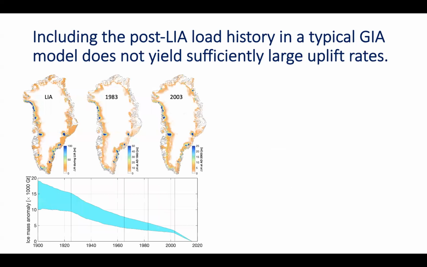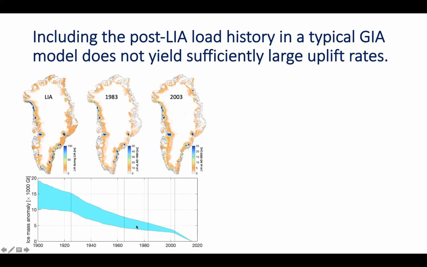So here's a quick look at the high spatiotemporal resolution Greenland mass balance reconstructions over the past 150 years or so. So you can see the Little Ice Age reconstruction of mass, which is the mass anomaly relative to the present-day Greenland ice sheet mass. And it also includes the peripheral glaciers, by the way.